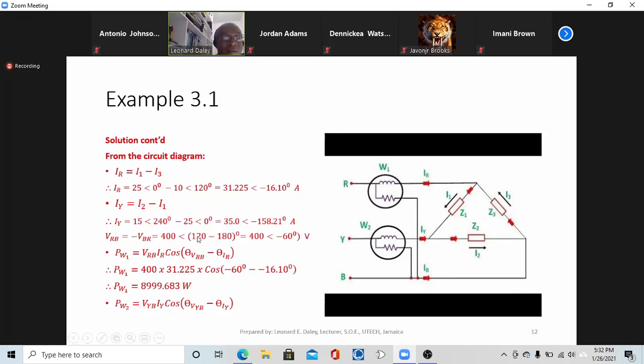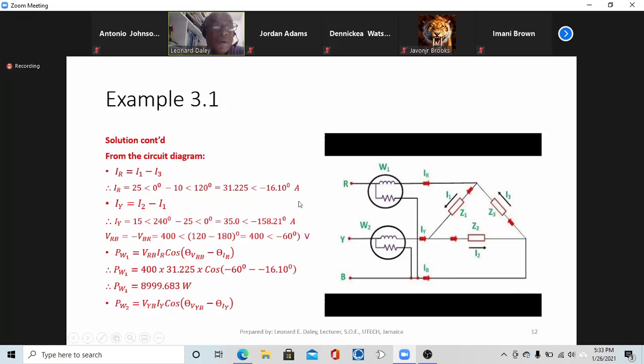The minus sign is actually minus 1, and minus 1 in terms of angle is 180 degrees. So 180 degrees away from 120 is where VRB ends up. It ends up at 400 at angle minus 60 degrees, or we could say 400 at 300 degrees.